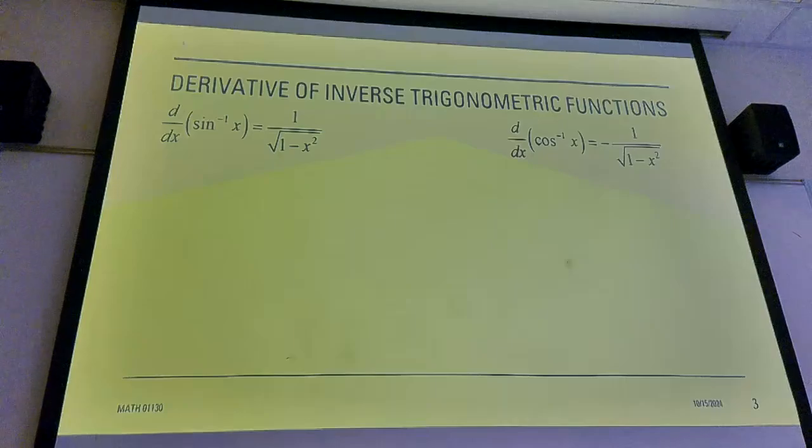Derivative of inverse cosine: negative 1 over the square root of 1 minus x squared.